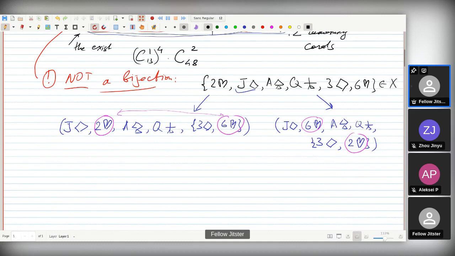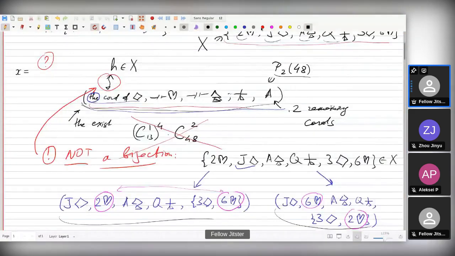Is it clear? So you need some new idea. This naive approach just doesn't work, because there are more tuples of this kind than we have hands we are interested in.